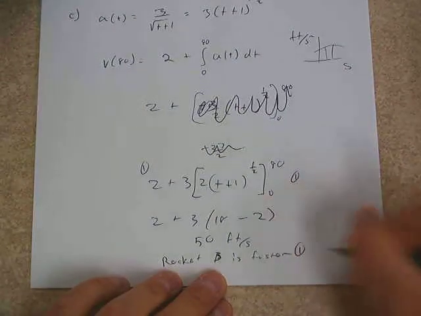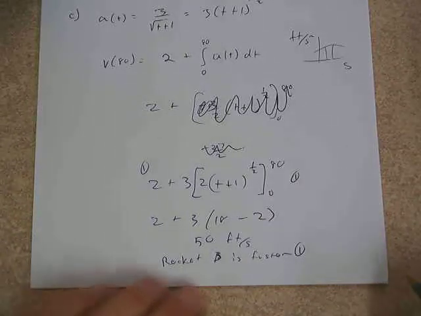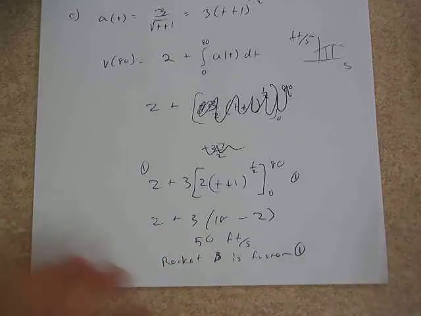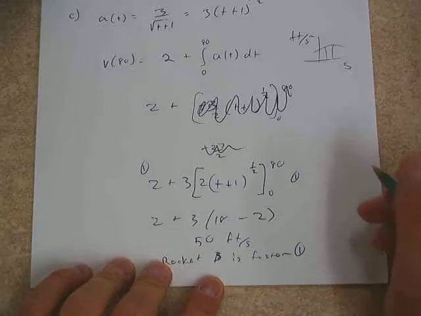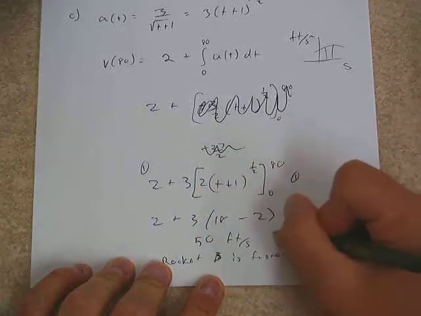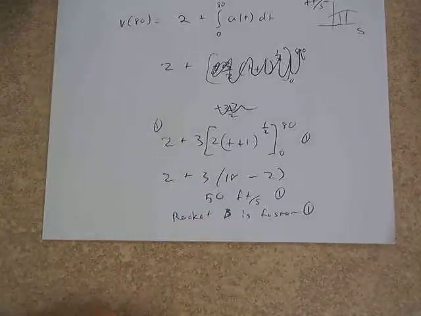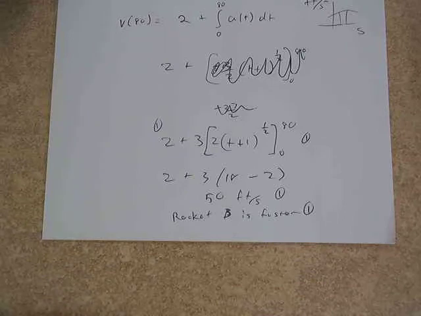All right, so points here, let's see their breakdown. The point breakdown was 1 point for finding the antiderivative, 1 point for using the initial condition, and I guess your conclusion is worth 1.